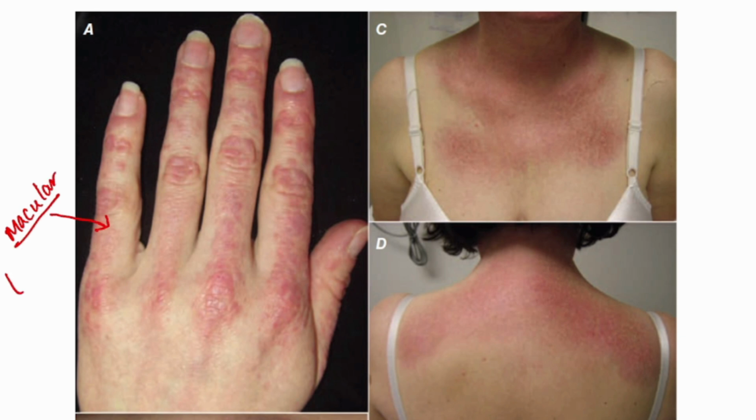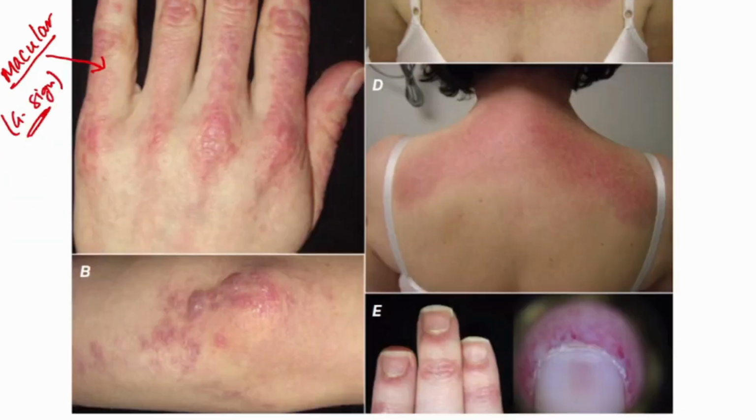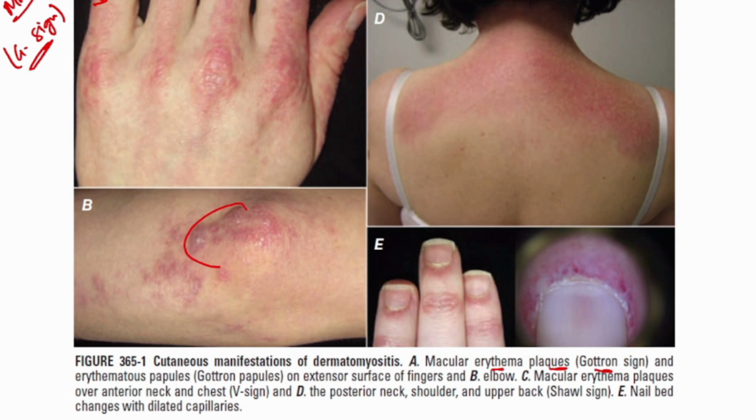If it is not raised, it is Gottron sign. Once it is raised, it becomes papule. This is raised. It becomes Gottron's papule, right? Gottron's papule, it is raised papule.